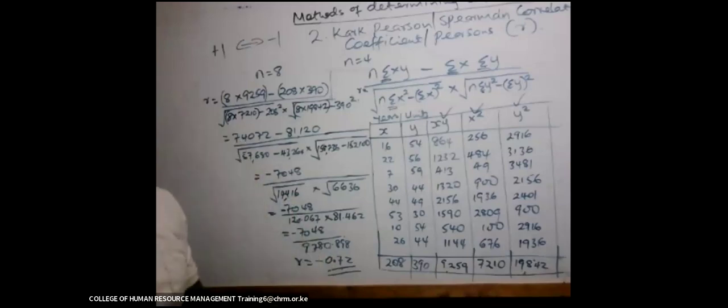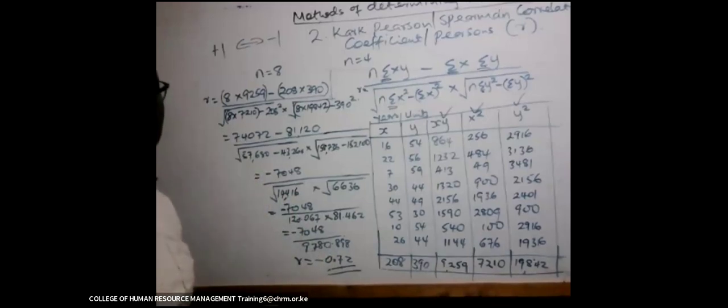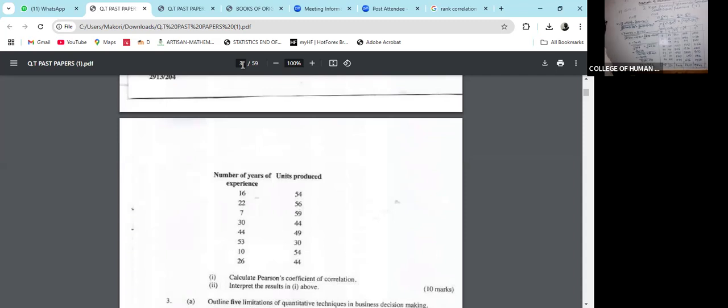So your interpretation, I'm talking about the answer for this part. Interpret the results in one above after you have calculated the Pearson coefficient of correlation, and we have found it to be -0.72.